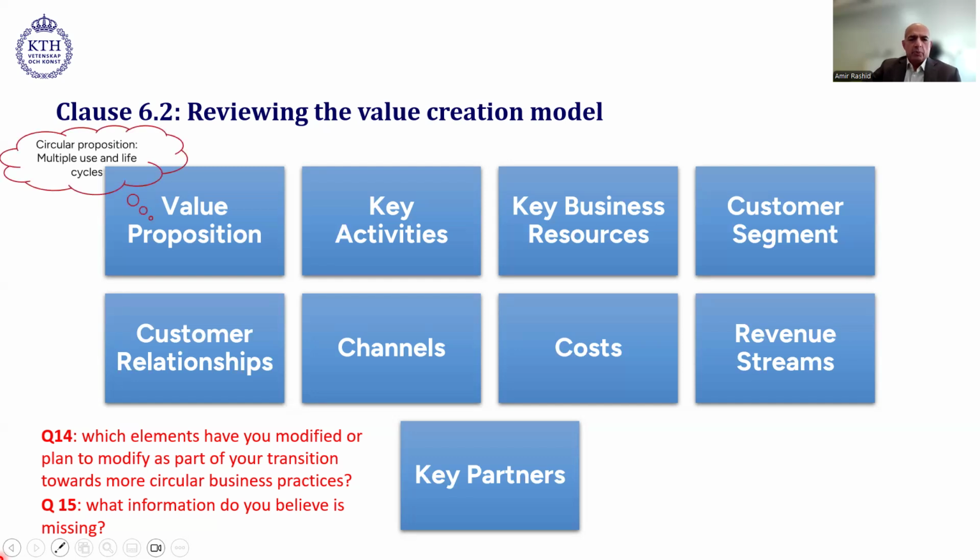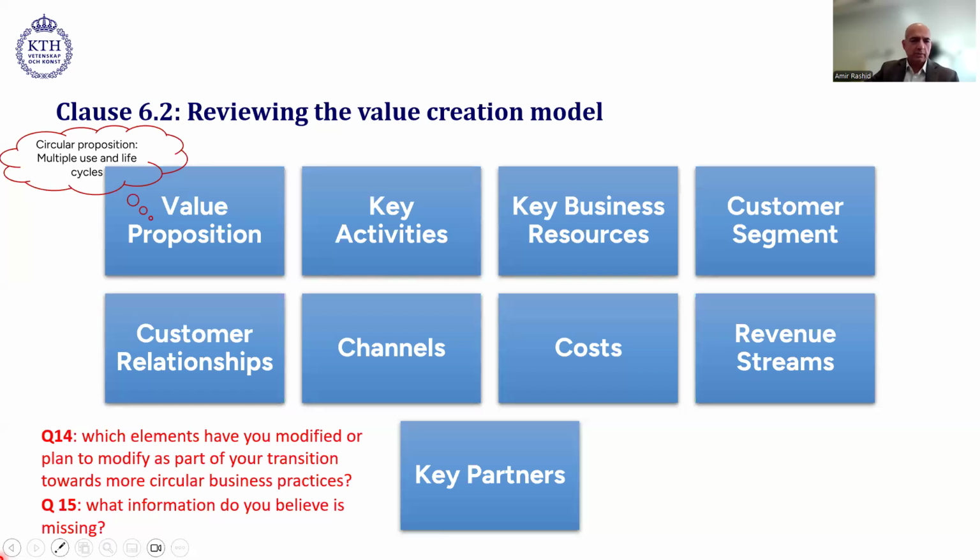And value propositions can simply be whatever proposition enables you to have products for multiple use and multiple life cycles. Now, there can be several different forms and ways to think about those circular propositions. We can of course find examples of such value propositions.